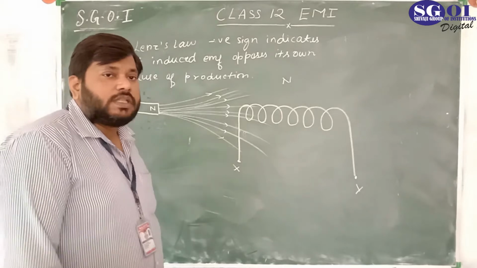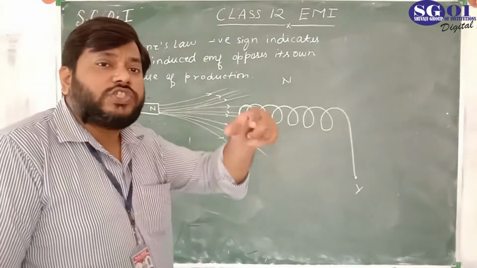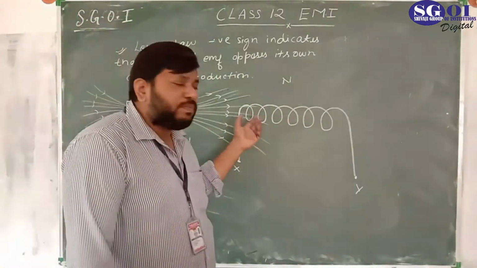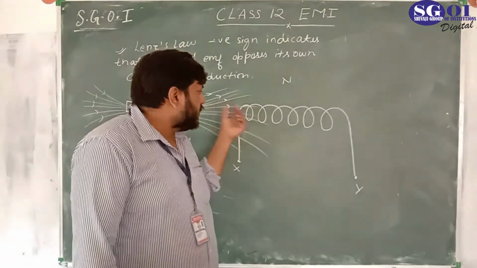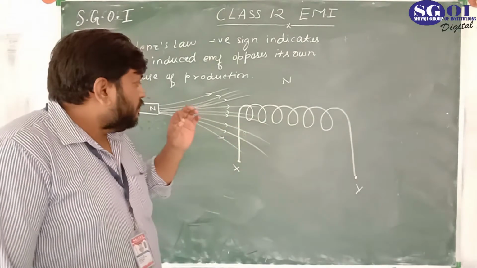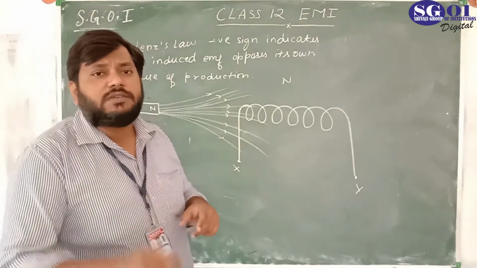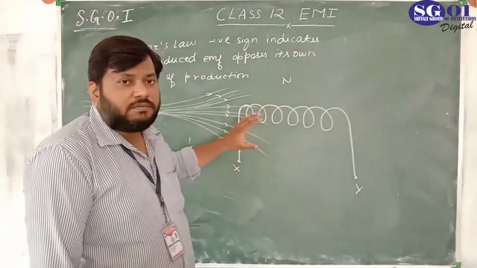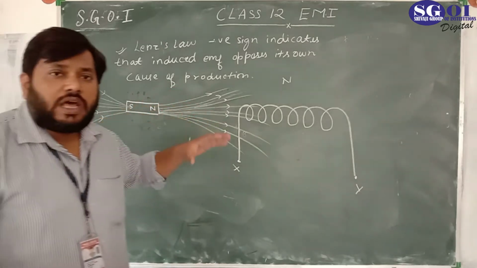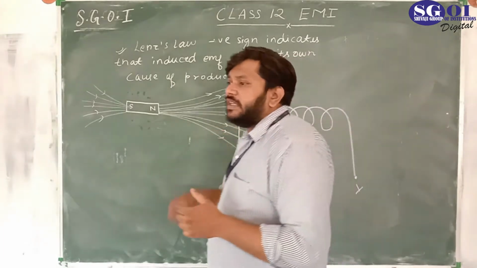No. The answer is no. Why is the answer no? Because we know that whenever there is a change in magnetic flux, the mere presence of magnetic flux at this point would not produce EMF, because EMF is induced only when there is a change in magnetic flux. Magnetic flux is there, but it is not changing, because this is a bar magnet and it produces a permanent magnetic field, and we know that it doesn't change with time.